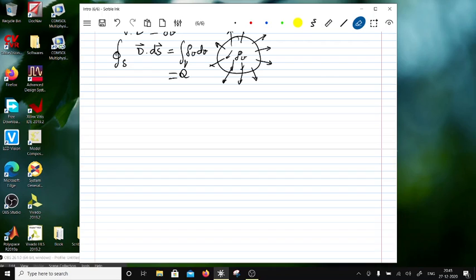Okay, now let's consider an interesting case. Let's say that this sphere has a small circular opening like this, right? So now let us consider a point, which is the definition of D. D is coming out perpendicularly from this surface, right? Now this volume shrinks to 0, and then there is an area S. This area S also shrinks to 0, right?